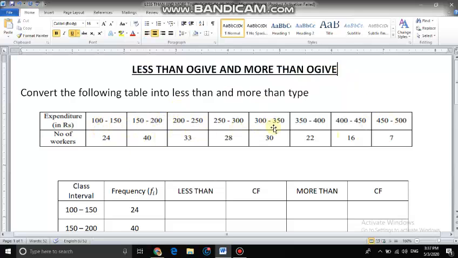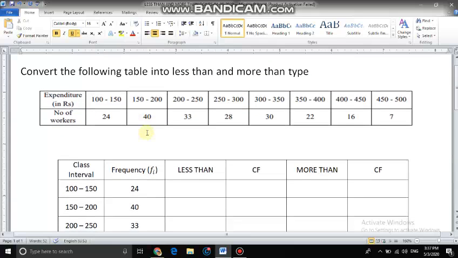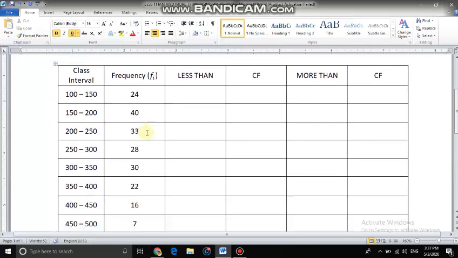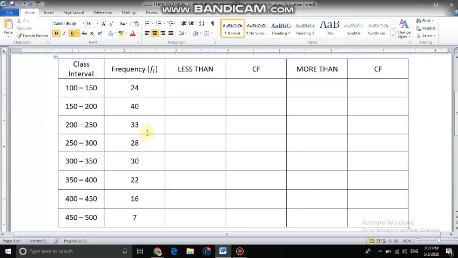So here the table is given to you, expenditure in rupees and number of workers. I converted this table into a horizontal table. To understand less than and more than types, you need to understand what these class intervals mean.